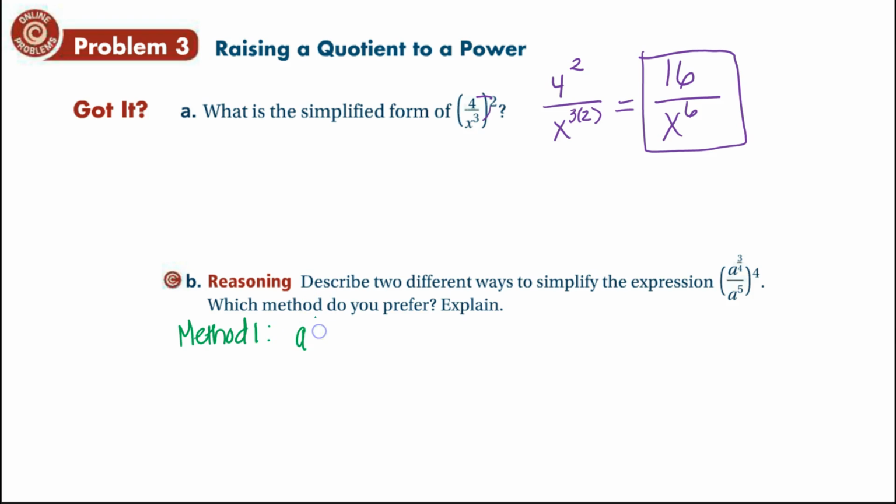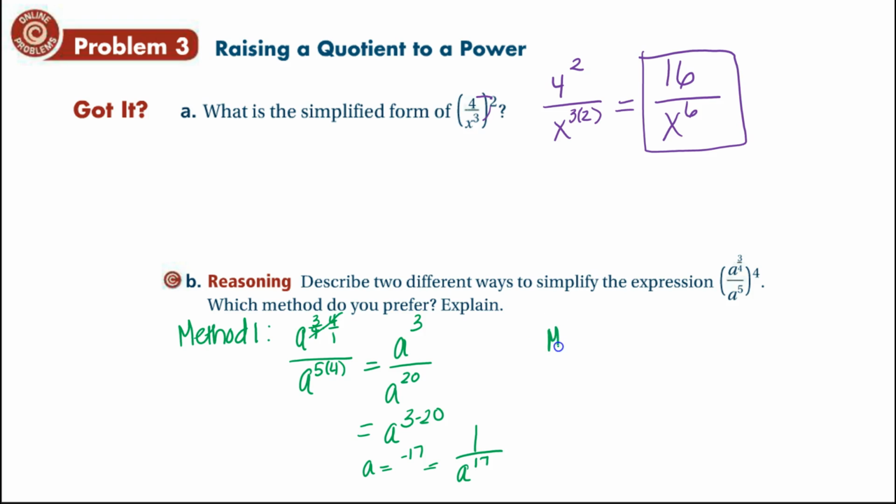So that would be a to the 3/4 times 4/1 divided by a to the 5th to the 4th, which ends up being, the 4's cancel out, so a to the 3rd over a to the 20th, which becomes a to the 3 minus 20, or a to the negative 17th, or 1 over a to the 17th. So that we distribute first.